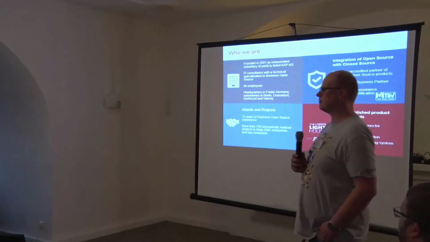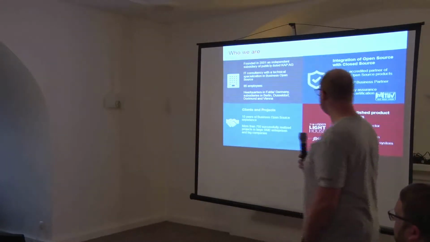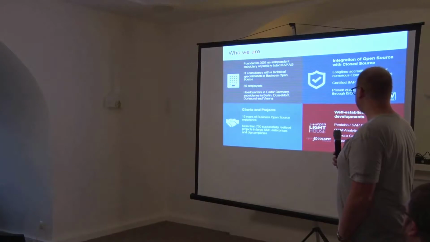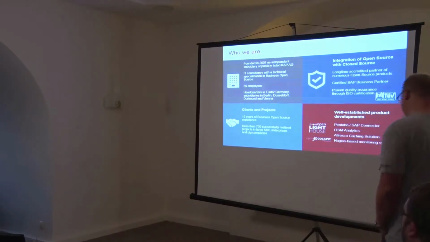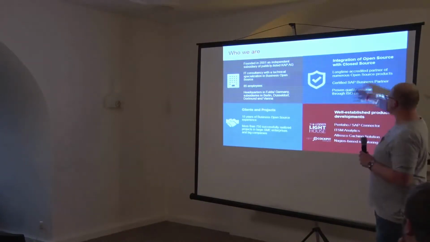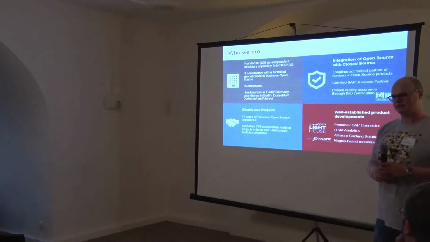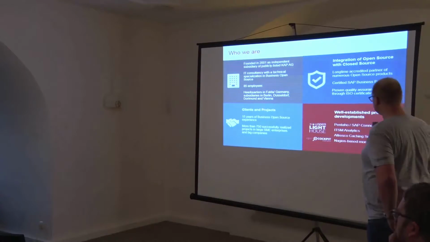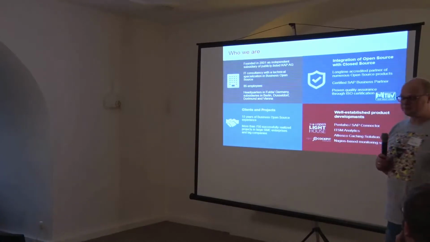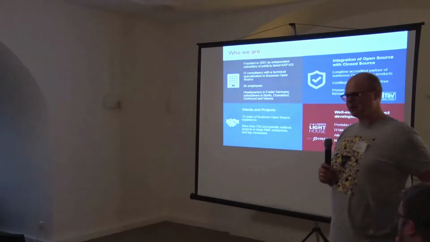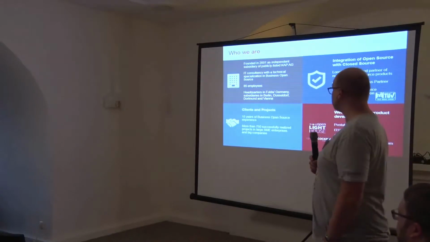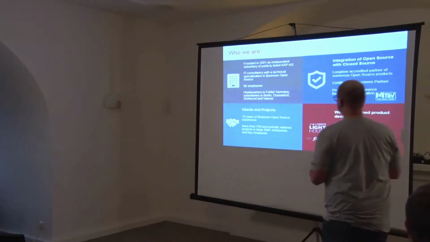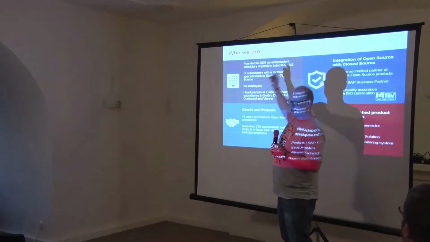So we are doing different projects for a lot of customers, and the strategic goal of it-novum is the integration of open source and closed source software. And for that reason, we are also a certified SAP business partner. The other reason why we are a certified SAP business partner is that we belong to the publicly listed Kapitalis AG.